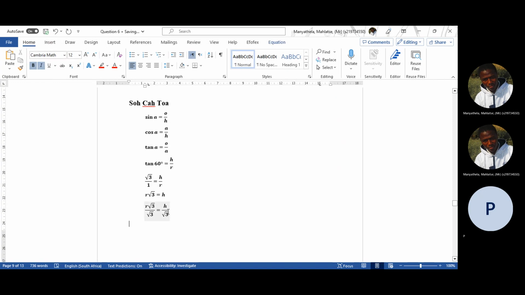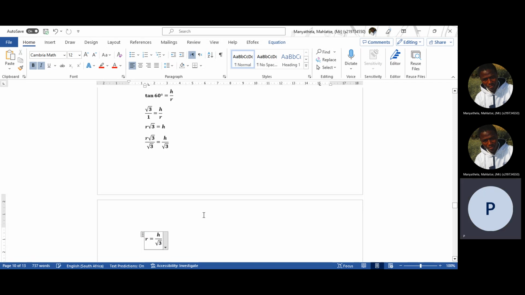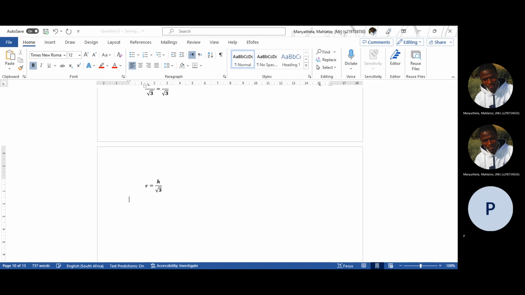So r is equal to h over root 3. So there you're done. r is equal to h over root 3.